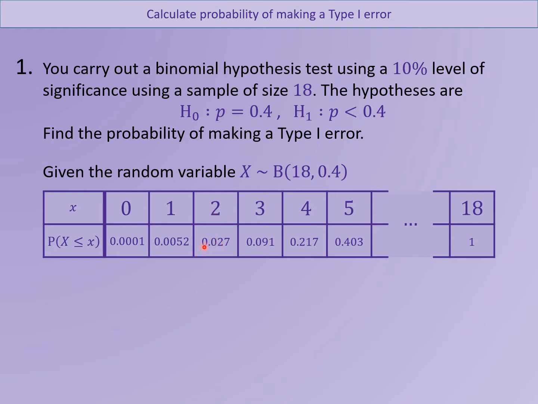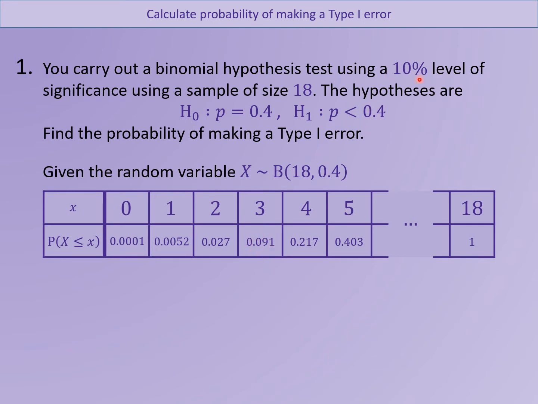It's a probability of 0.027, so just under 3%. What about if I got 3 or less? So no successes, 1, 2, or 3 out of the 18 successful, I would get 0.091. So that's about 9% chance.